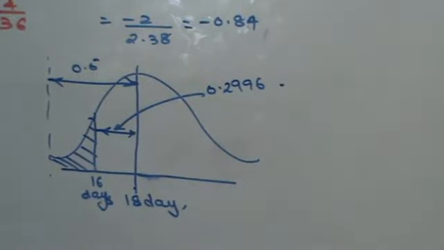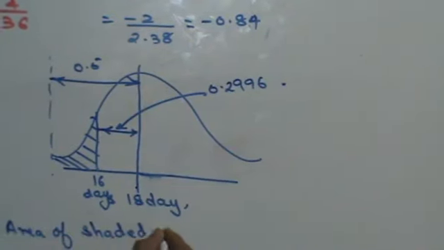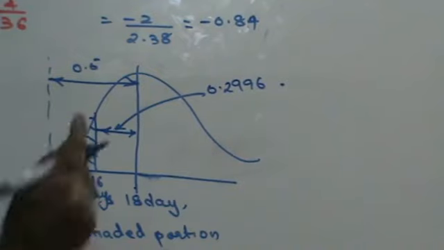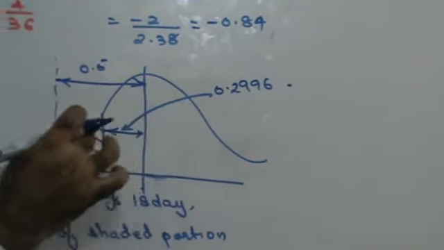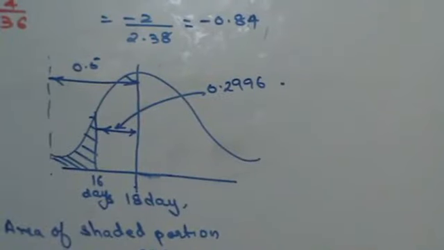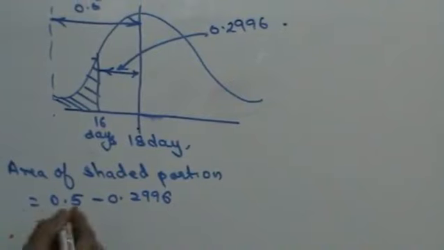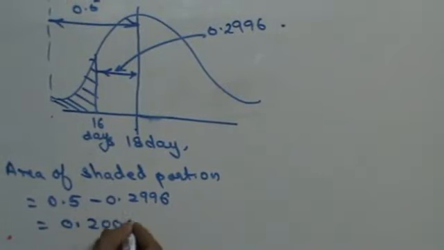Right? In that case, what will be the area of the shaded portion? The area of shaded portion is going to be nothing but 0.5 minus 0.2996. Whole area minus this area will give you the area of the shaded portion. Basic geometry, guys. This comes to 0.2004.